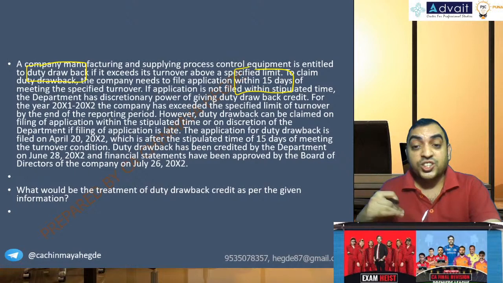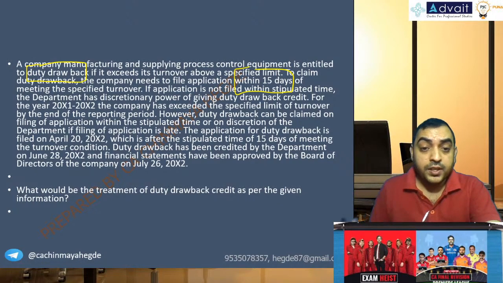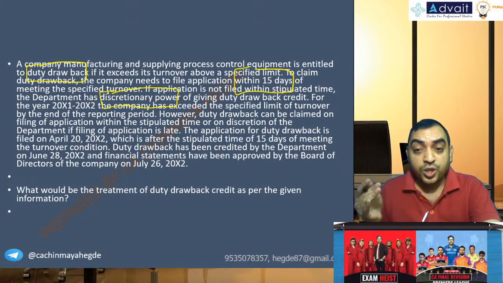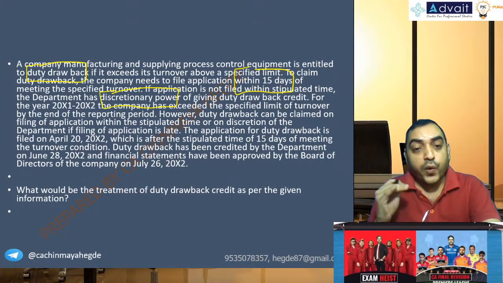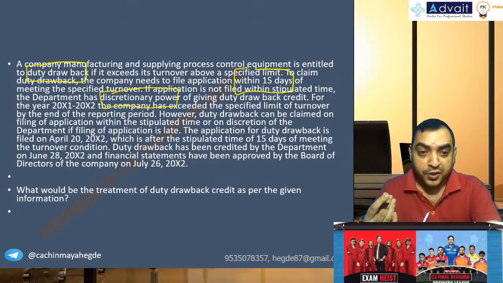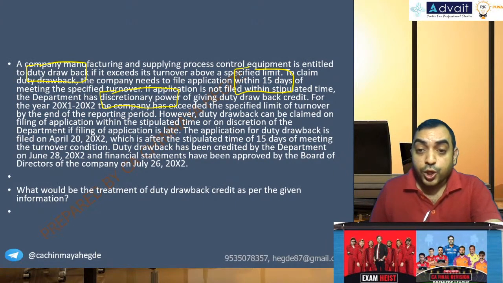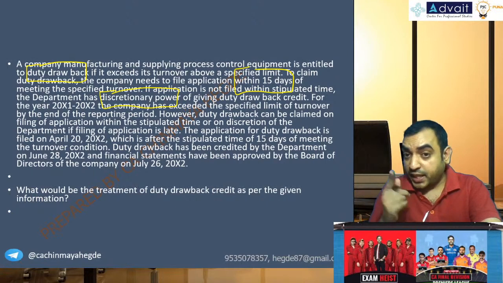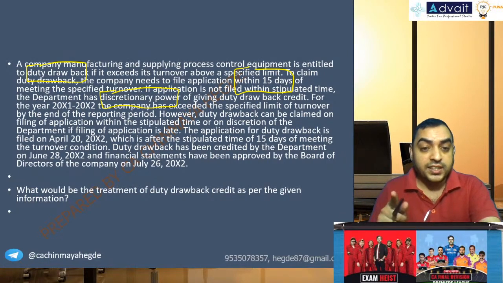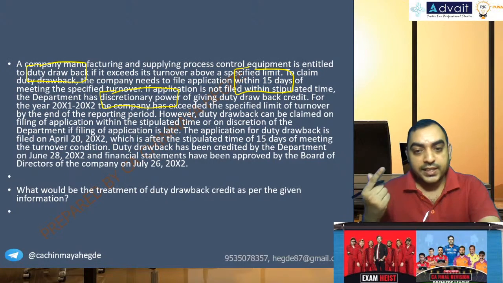If the application is not filed in the stipulated time, the department has discretionary power of giving the duty drawback credit. For the year 2001-2, the company has exceeded the specified limit of turnover by the end of the reporting period. However, duty drawback can be claimed on filing of an application within the stipulated time, within 15 days, or on the discretion of the department if the application is late.